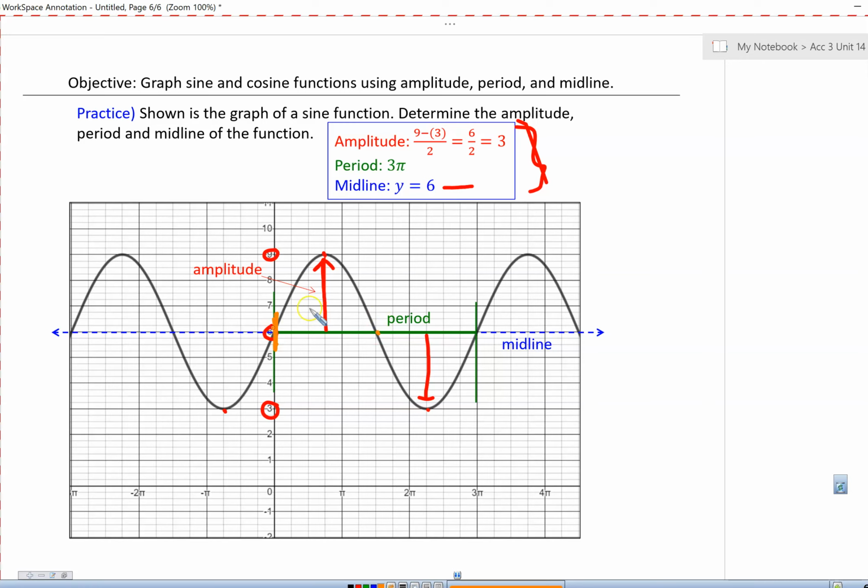So when I start at an intercept, I have to actually go 2 intercepts to get to the point where it repeats. So 1 up, 1 down, and then it starts up again, which is a repeat. So it goes from here to here. And this is 3 pi radians, and that's 0. So this right here is the period of the function, 3 pi radians.